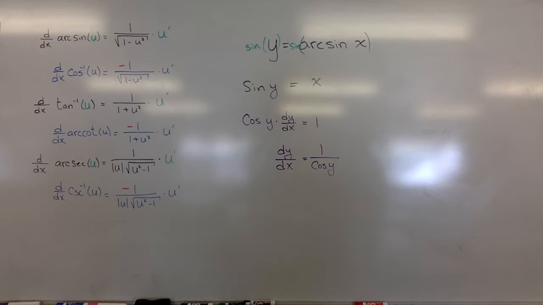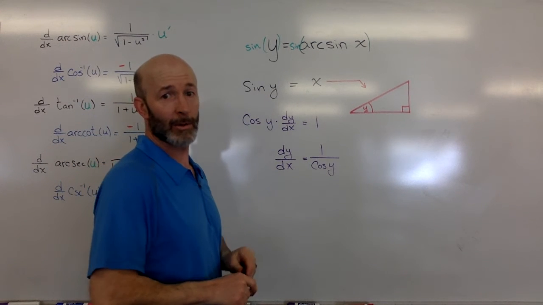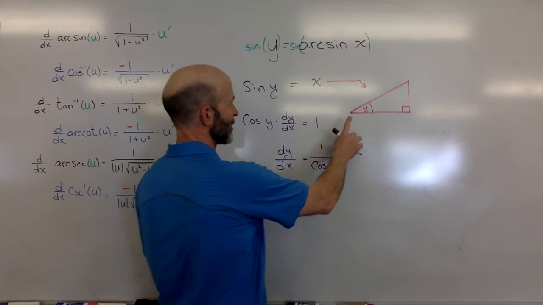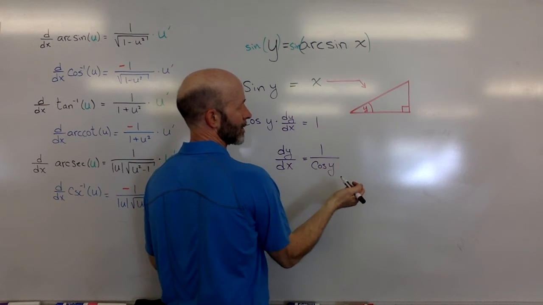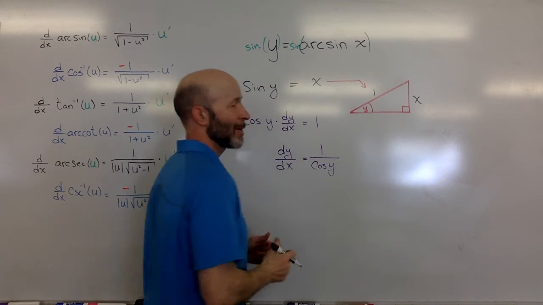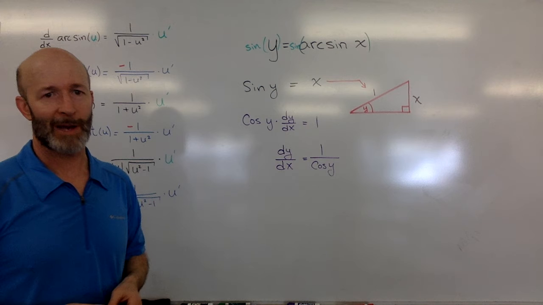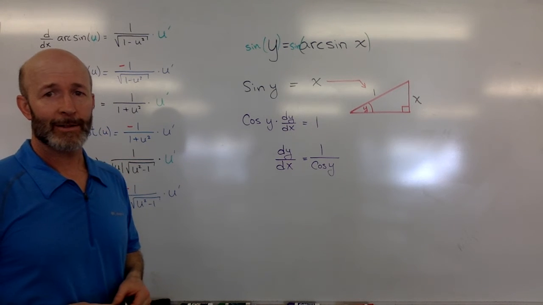But when we decide to rewrite this in terms of x, you'll find something surprising. When I'm looking at sine of y equaling x, that would let me know, since sine is opposite over hypotenuse, when I have sine of an angle y degrees, or y radians, the opposite side over the hypotenuse would be equal to x.